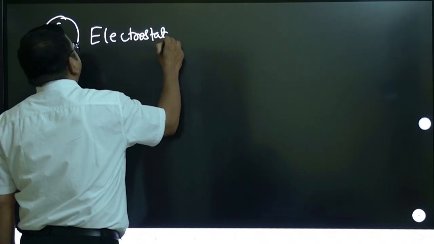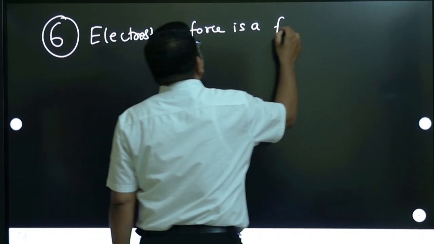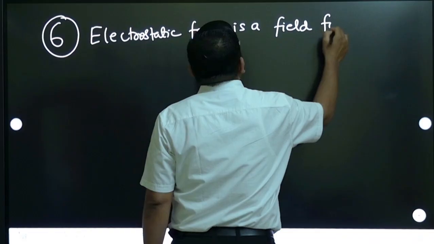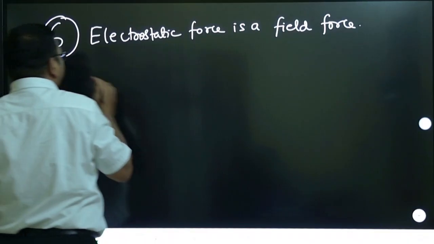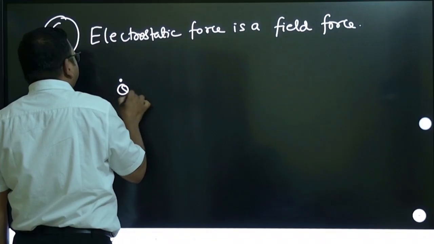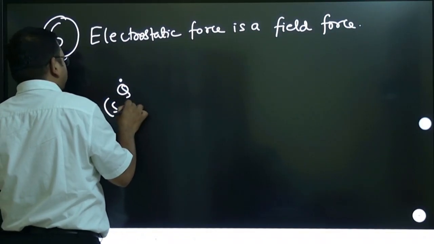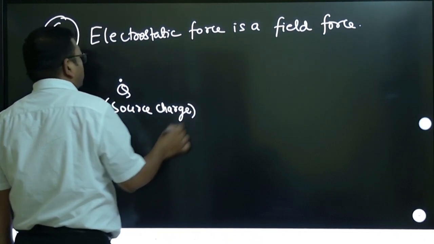Electrostatic force is a field force. What is a field force? Suppose this point object is a point source. This is called the source charge.